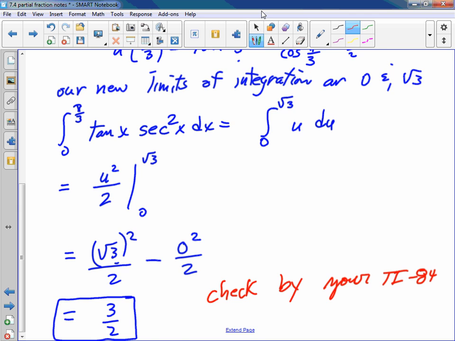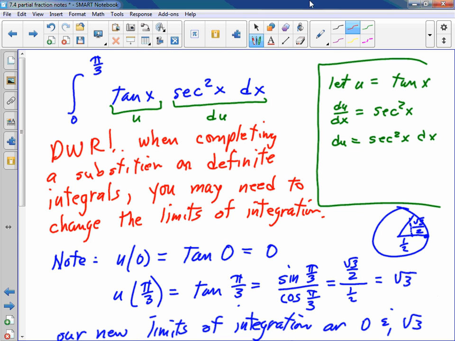Plug in tan x secant squared x from 0 to pi over 3. And what's secant squared x for calculator purposes? 1 over cosine x squared for your calculator purposes. Okay, Jeremy, check that at home, and then tell me if I'm wrong.